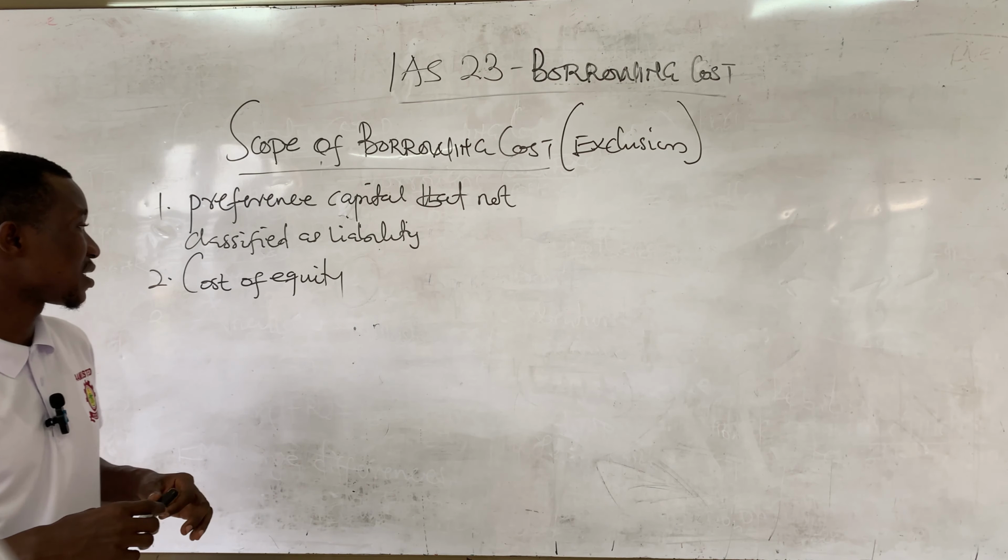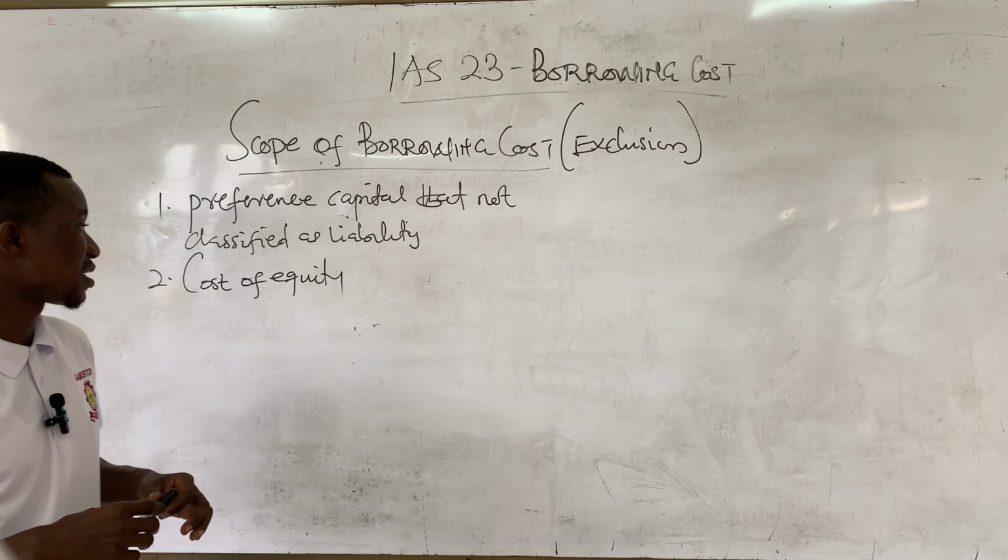The third exclusion to this standard is short-term inventories. That is inventories that are manufactured within a short period of time. We say that before you can capitalize a borrowing cost, or a finance cost, the finance cost relating to the asset must be a qualifying asset.